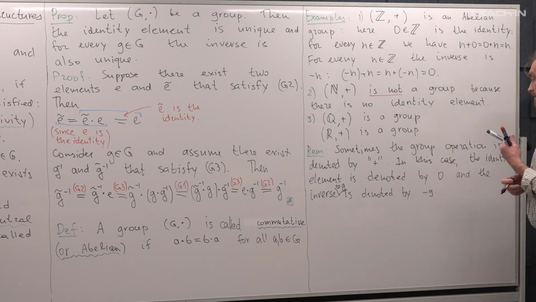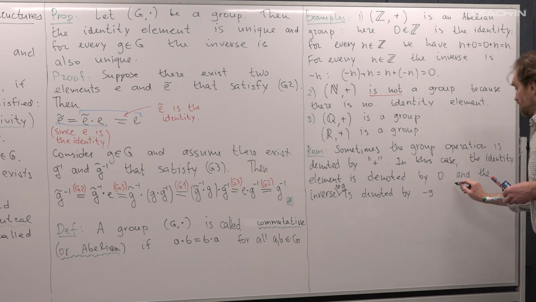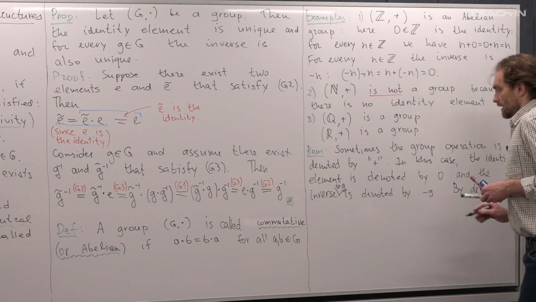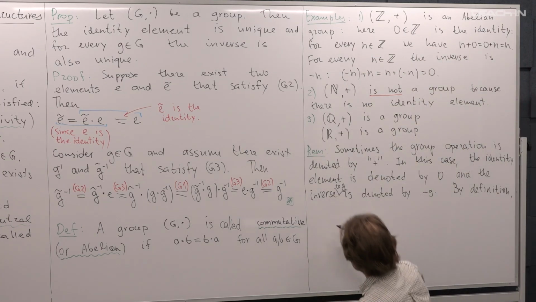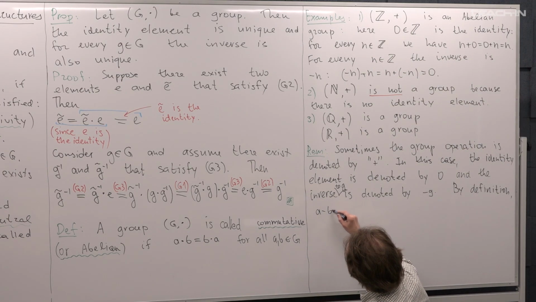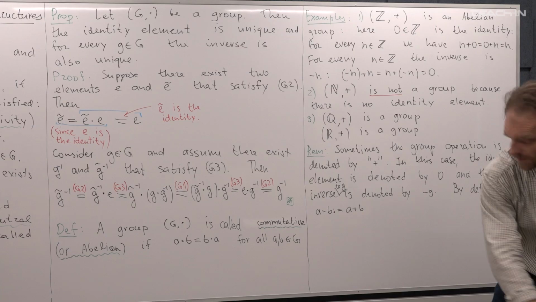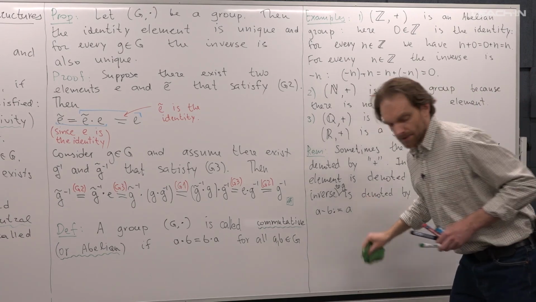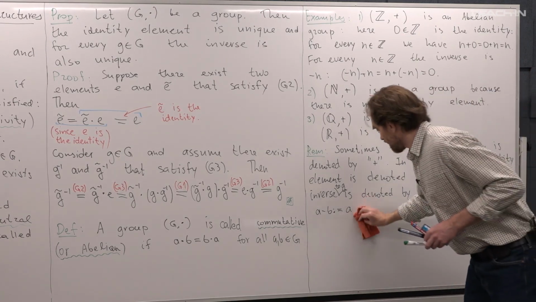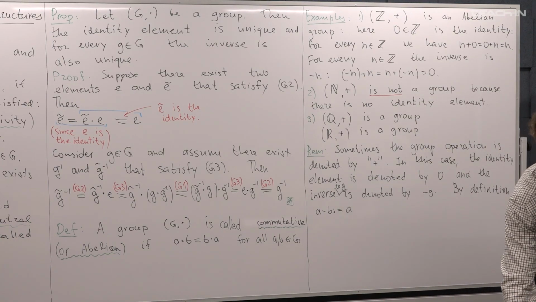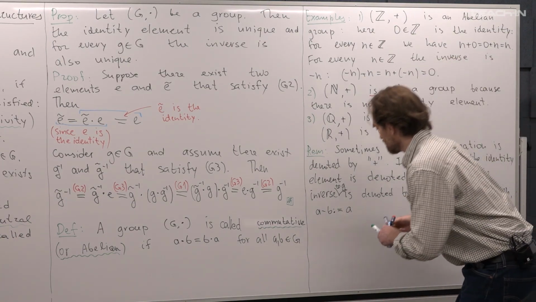And by definition, if we use this notation, then a minus b is a plus the inverse to b. So this is the definition of the operation minus in such a group.